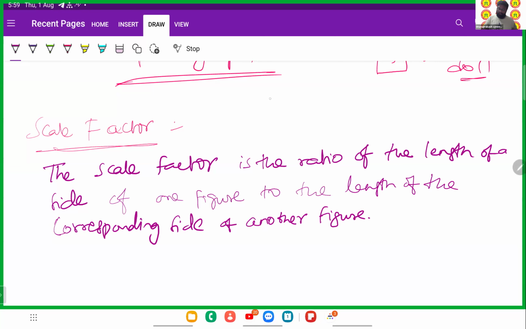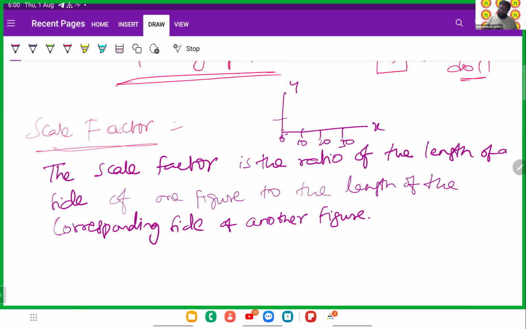So I told you, suppose you take a bar graph, the scale is given on the y-axis and x-axis usually. The horizontal line is called the x-axis and the vertical line is called the y-axis. So if I take 0, 10, 20, 30, what is the scale factor for the x-axis?